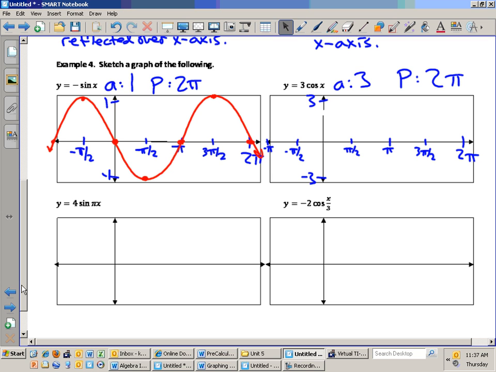Very good, Taylor. So we're way up here at 3. Does it start by going down or start by going up? Down. So at pi over 2, it will be at 0. At pi, it will be at -1, or -3, excuse me. Then 3 pi over 2 will be at 0, and 2 pi will be at, yep.